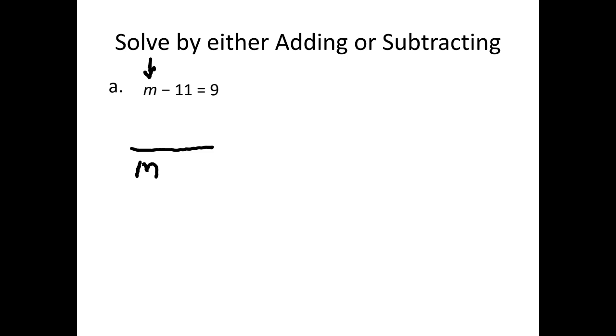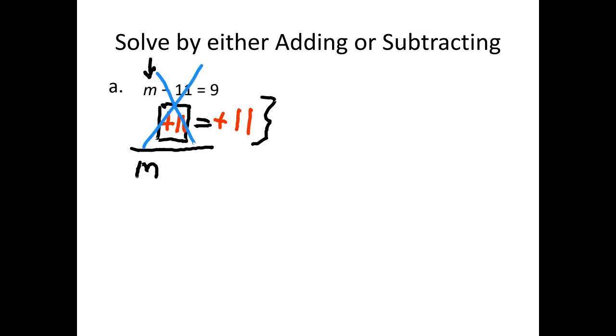We want to make the -11 go to the other side. Well, that is saying, what am I going to put here? I am going to put a positive 11 and a positive 11. The reason for that is we want to cancel these out.